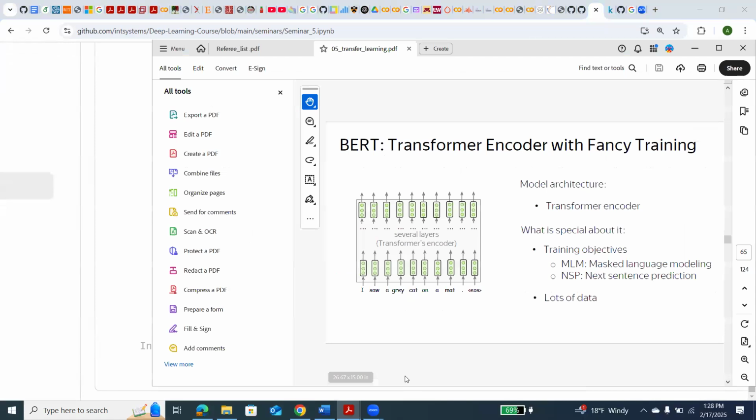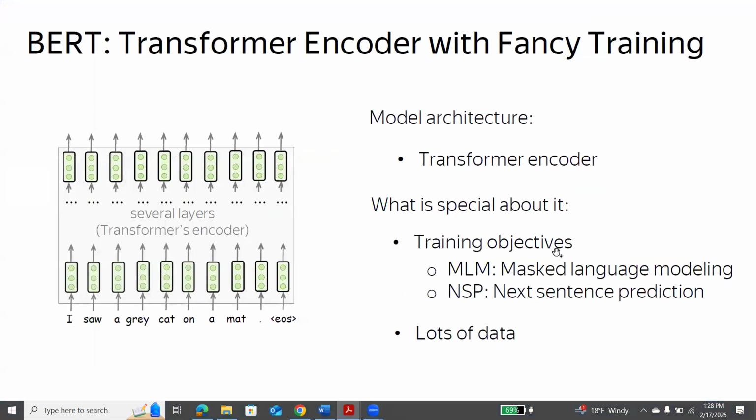Okay, after this reminder of the transformer, we are ready to go to the BERT model. So the BERT model is just the encoder part of the transformer.